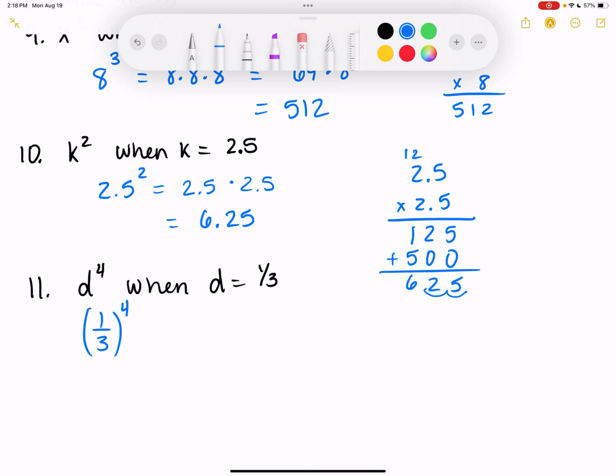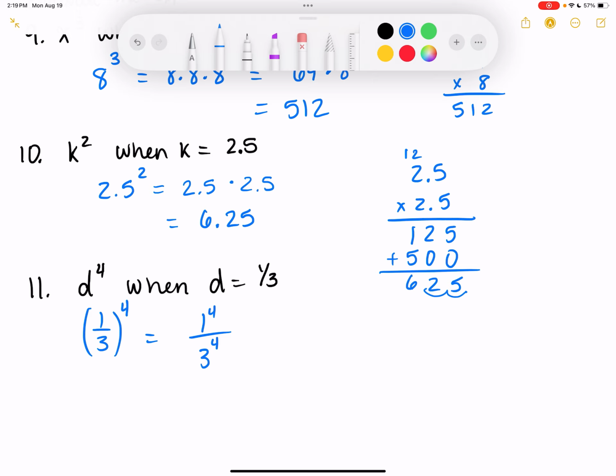If you remember exponent rules from pre-algebra, when you have a fraction and a power, the power goes on the top and on the bottom, so this would be 1 to the 4th over 3 to the 4th.